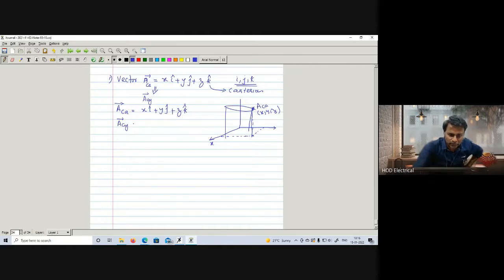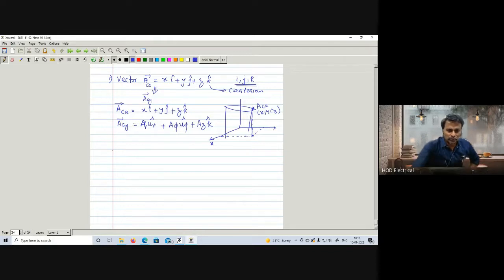We know it can be written as AR component, unit vector along the R axis, plus A phi component, unit vector along the phi axis, plus AZ component, unit vector along the k axis. In cylindrical and Cartesian, the Z values are the same.